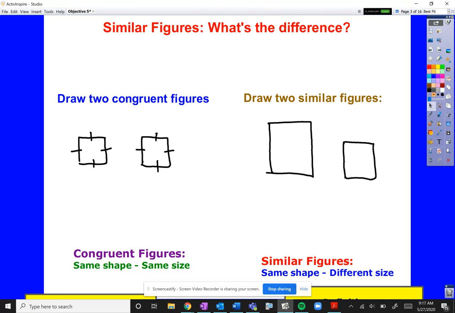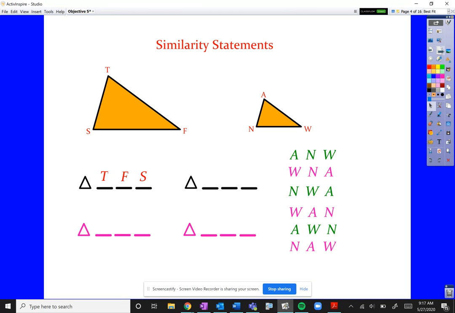We have to transition our idea of the word shape from the very basic sense of just triangles and circles and squares and rectangles. Shape means that it holds certain dimensions. So when we say the same shape, we mean that it maintains the same proportion of its dimensions if you scale one down or make one bigger. Okay, so they're the same shape, but they have different size. That's what it means for things to be similar.